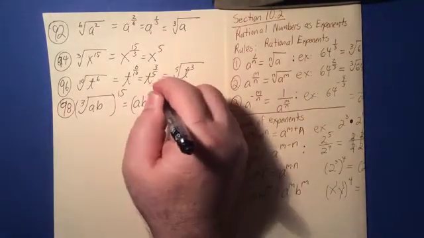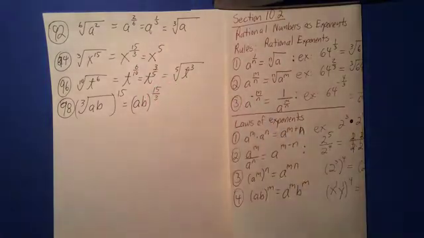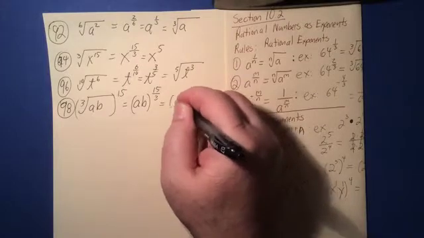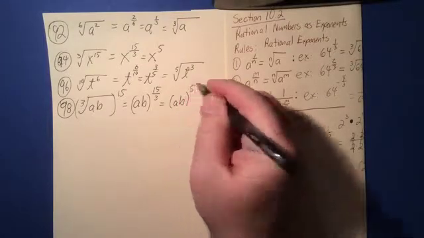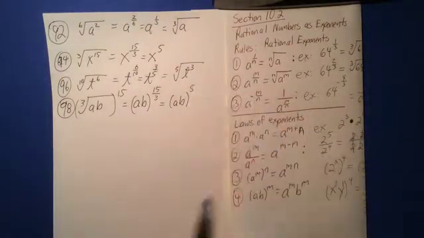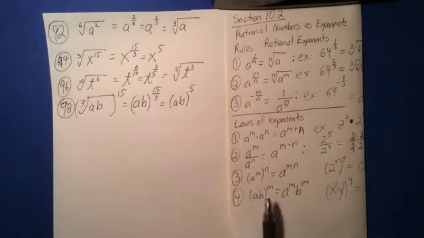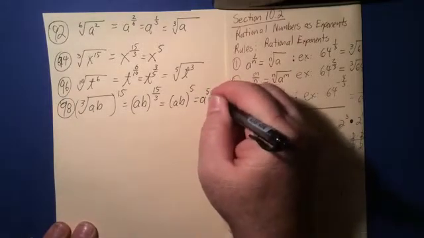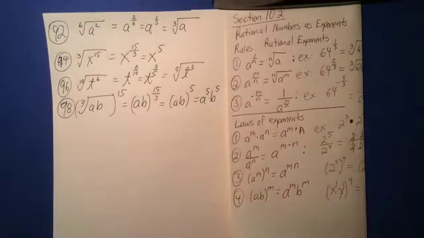So, the 15 over 3. When we simplify 15 over 3, that's going to be AB to the 5th. And now I need to follow property 3 here, or property 4, where I distribute the 5 to the A and the B, so I get A to the 5th times B to the 5th. And that's how we simplify the work for question 98.